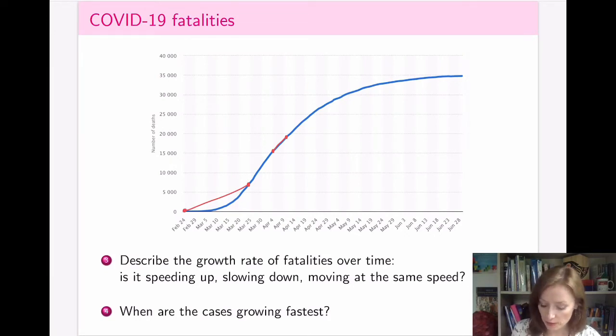If then we think about what the last question that part asked, when a case is growing fastest, it means I'm actually after a particular day at which I can draw my secant, or rather my tangent line, and it's going to be the steepest of them all, right? So now I can start thinking in terms of tangent lines, so particular points and just the tangent to the curve.